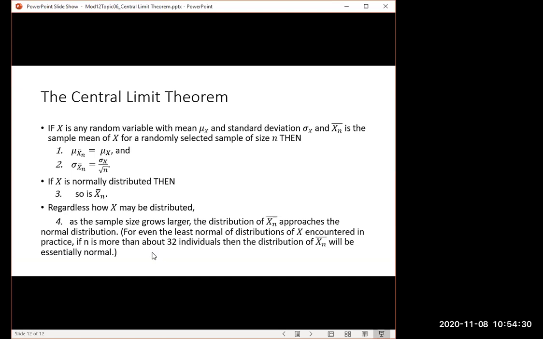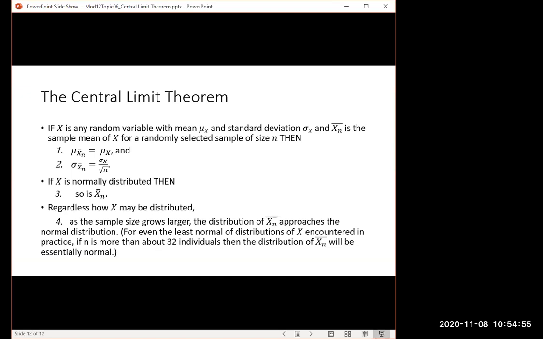So Gauss's theorem, he only proved that the bigger the sample is, the more normal the distribution of the sample mean. He just proved it heads that direction, the bigger n gets. But as a practical matter, it seems like 30 or 32 is good enough.